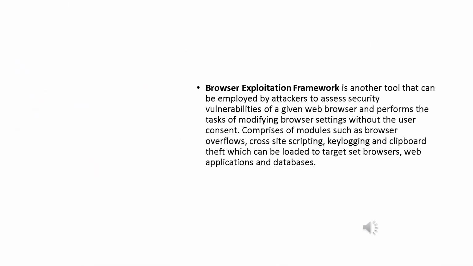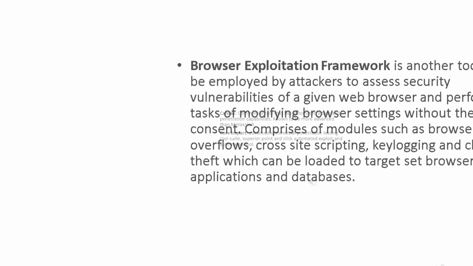Browser Exploitation Framework is another tool that can be employed by attackers to assess security vulnerabilities of a given web browser and performs the task of modifying browser settings without the user's consent. It comprises modules such as browser overflows, cross-site scripting, keylogging, and clipboard theft, which can be loaded to target browsers, web applications, and databases.